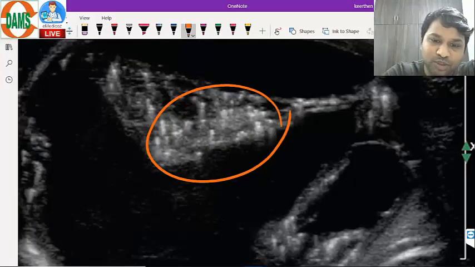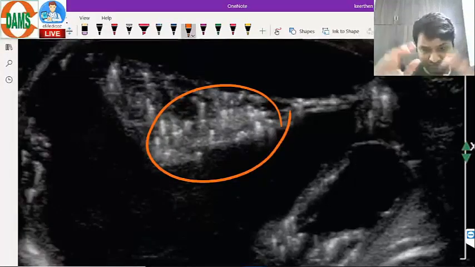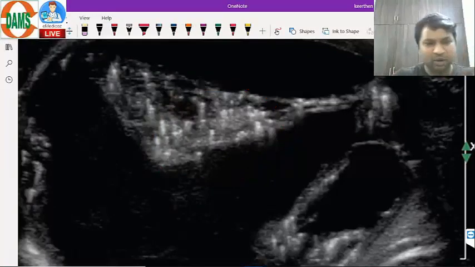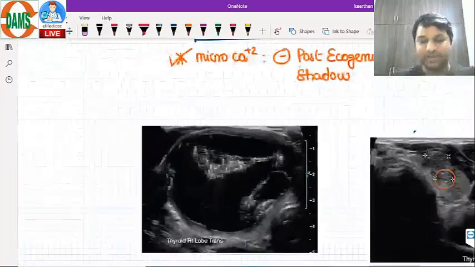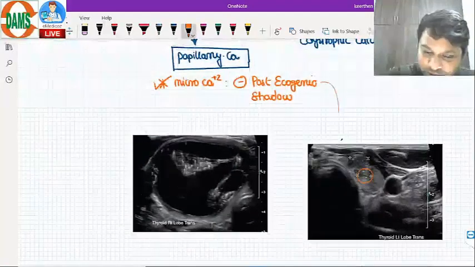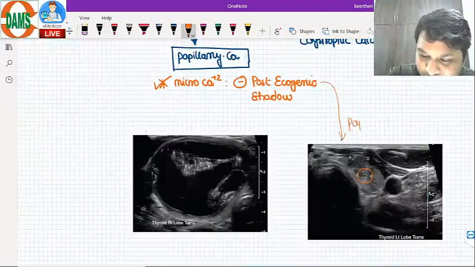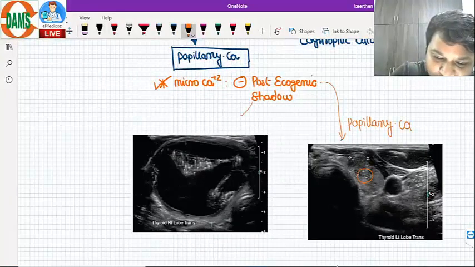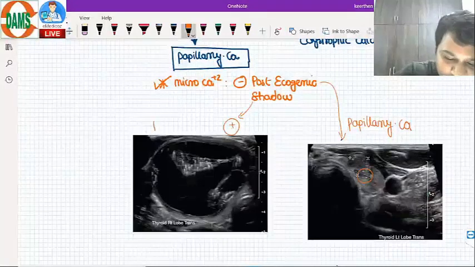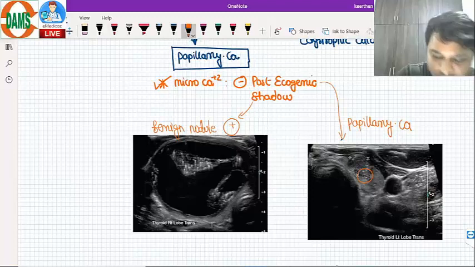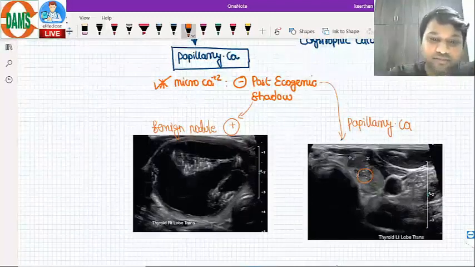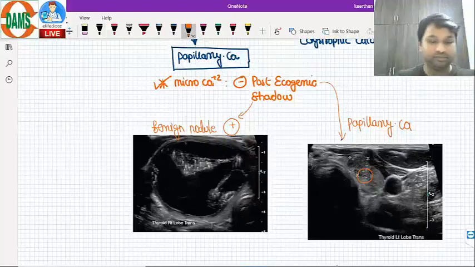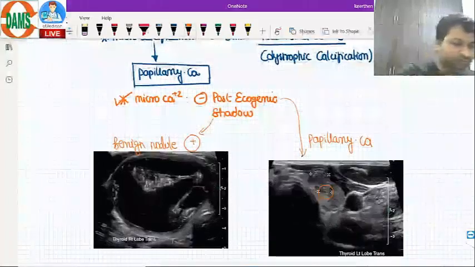So, based upon ultrasound, how do you differentiate? If there is absence of post-echogenic shadow, it indicates papillary cancer thyroid. If there is presence of post-echogenic shadow, it is a benign nodule. Got it? Good to go? Okay.